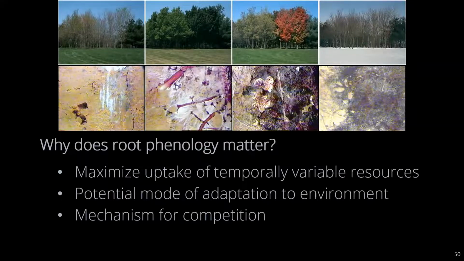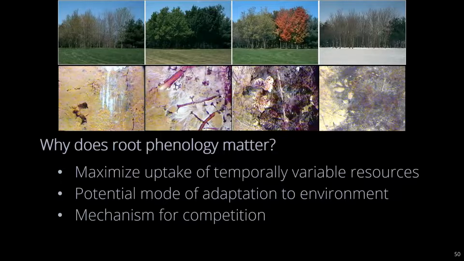First of all, the job that roots have is to acquire resources that are not uniformly available across the season. So nutrients have seasonal cycles. Water availability has seasonal or sub-seasonal cycles. So what roots are actually doing is largely to tie into things that have seasonal cycles. So we would expect seasonal cycles or some type of temporal pattern with roots as well.